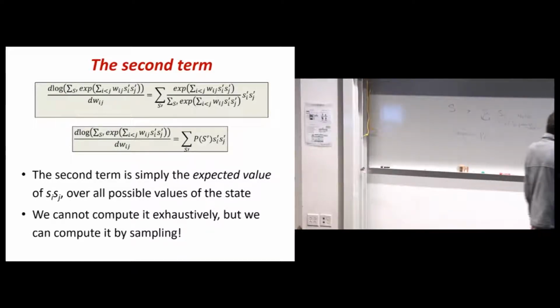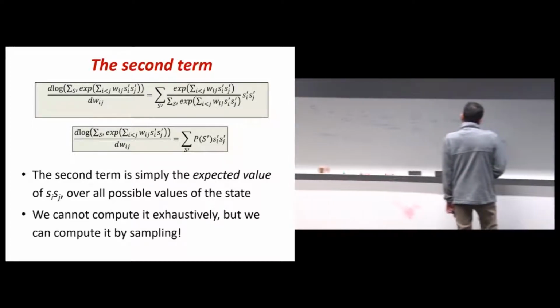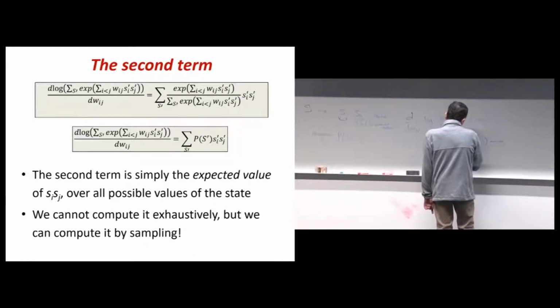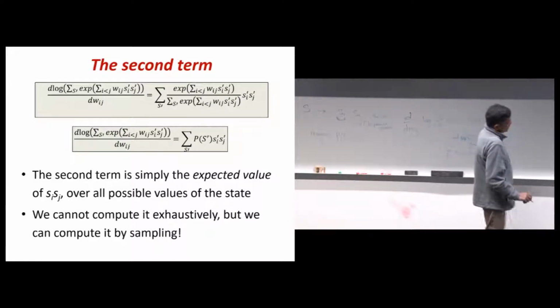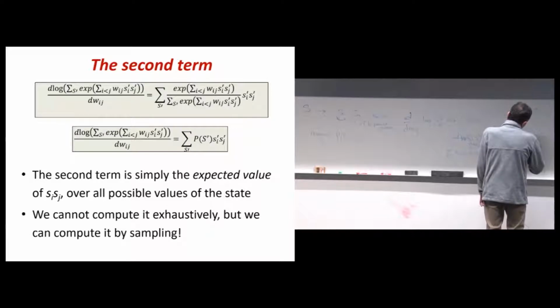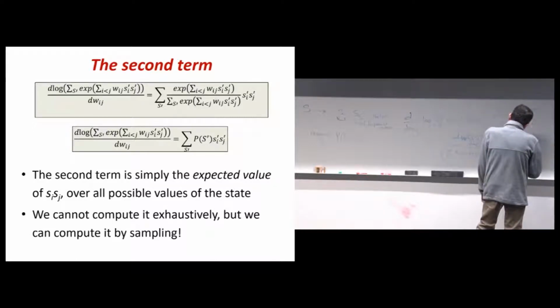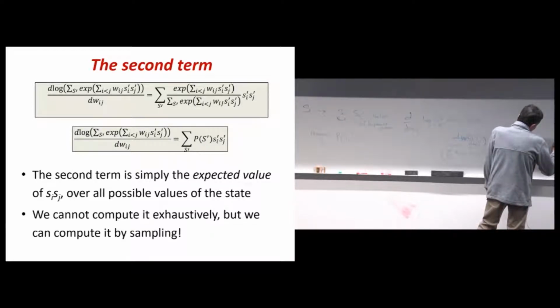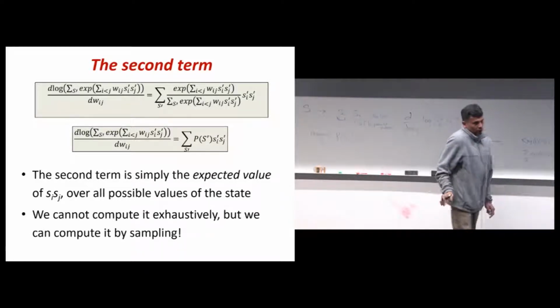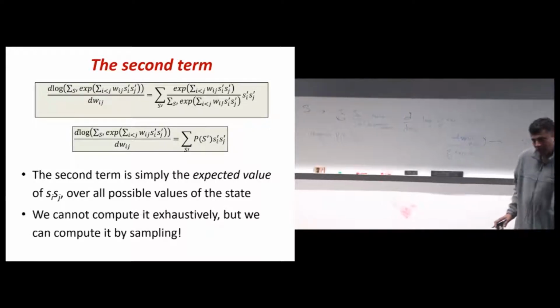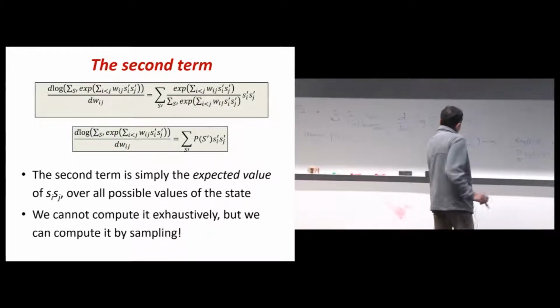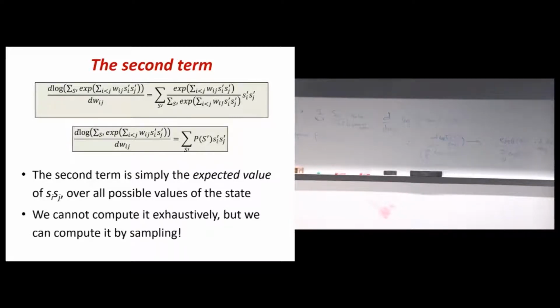And this term over here is going to be the derivative of the exponent, and this term in turn is going to be the exponent of minus E of S, and then I have this term left over, which is the summation over S prime of exp of minus E of S prime, and then finally the derivative with respect to wij of E of S. So if I just work the derivative out in 2 steps, I'm going to end up with the term to the right, and this is the summation over all S prime terms.